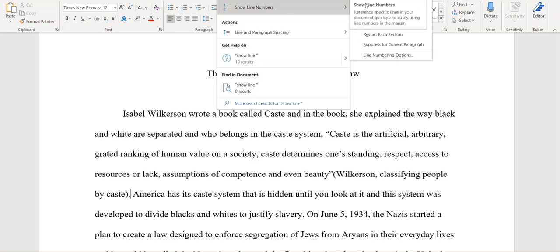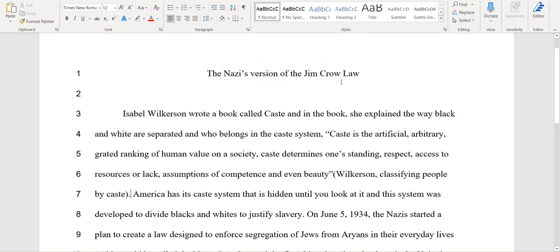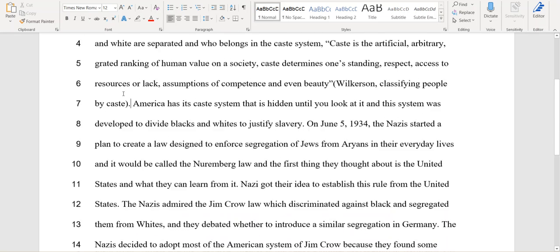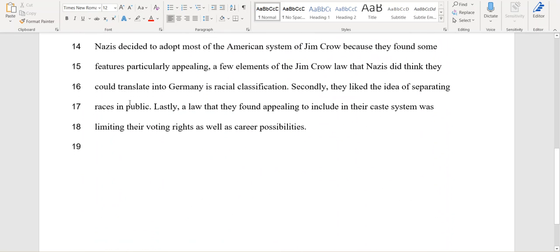And then you'll see a menu that opens, and you'll put in continuous. And then, as you'll see, the line numbers are revealed down the page.